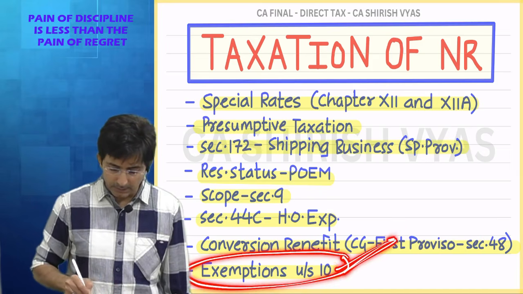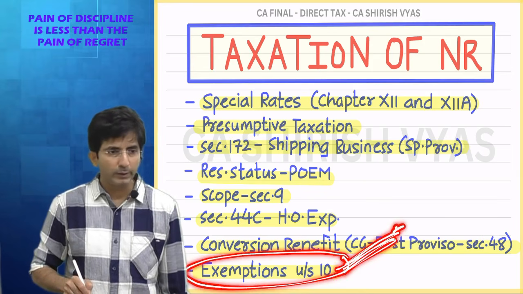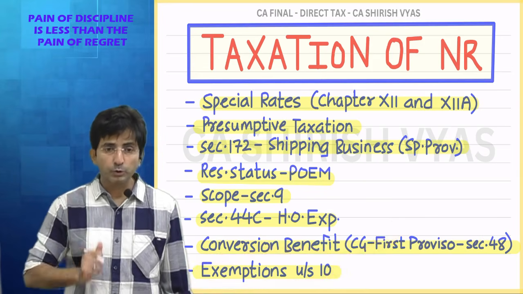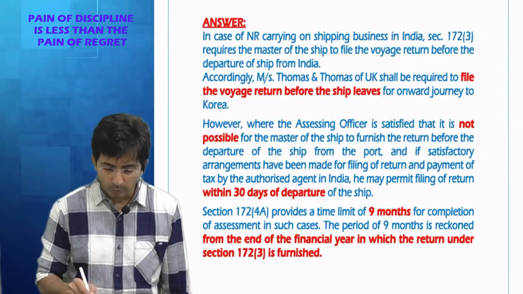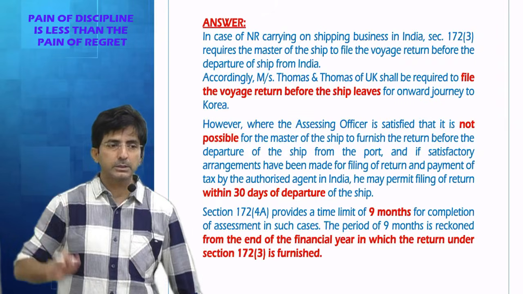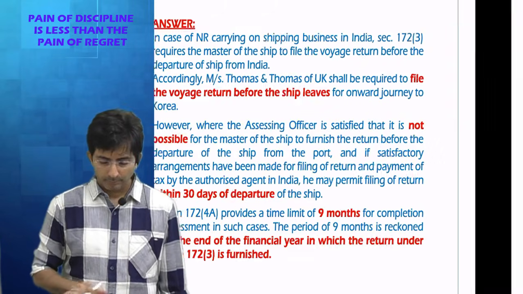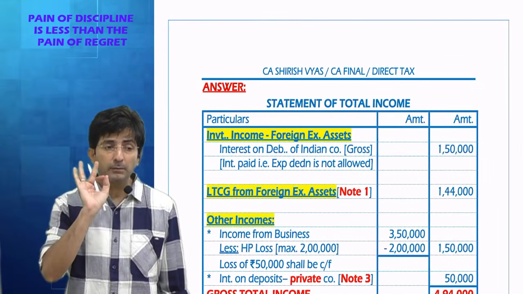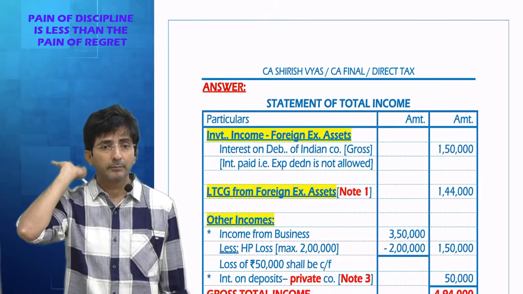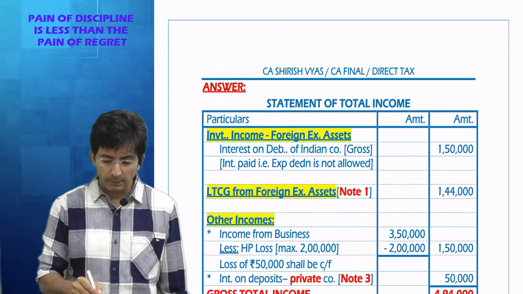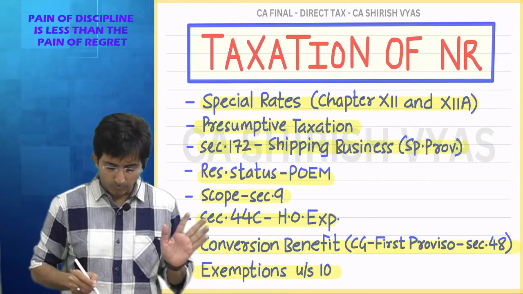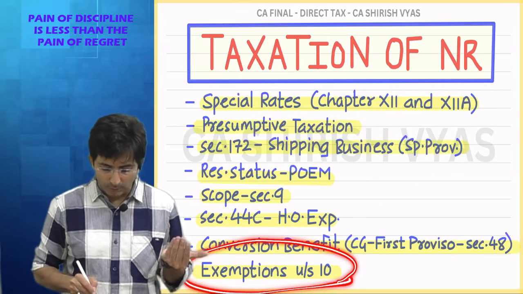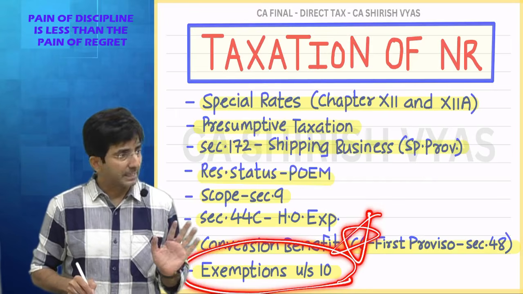Exemptions under section 10. This we will do in the next lecture. Plus you have to do some homework questions also. Now in homework, all the remaining questions are homework. Because see, tomorrow my major lecture will go in homework discussion, because all are good questions. And then from the theory angle, I have to take this small theory of section 10.